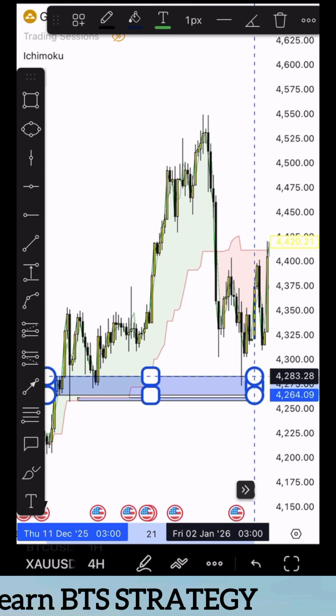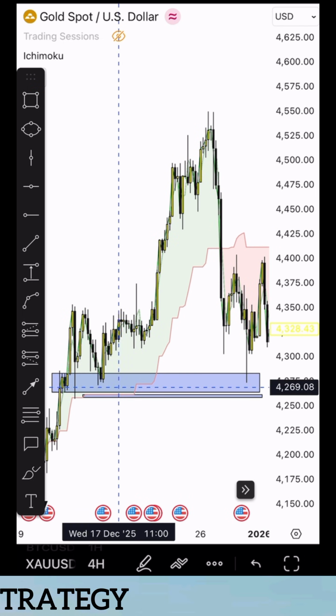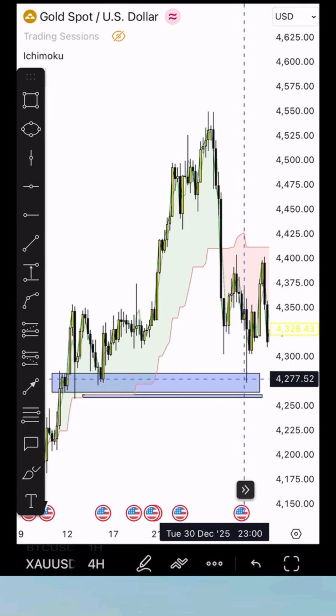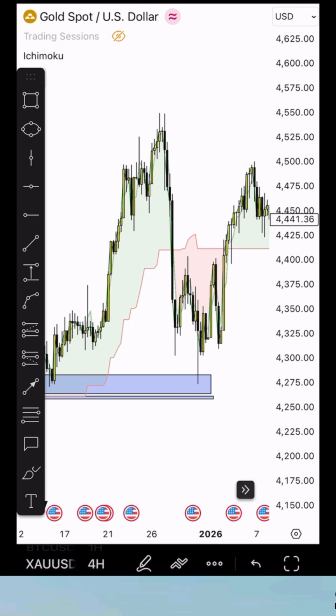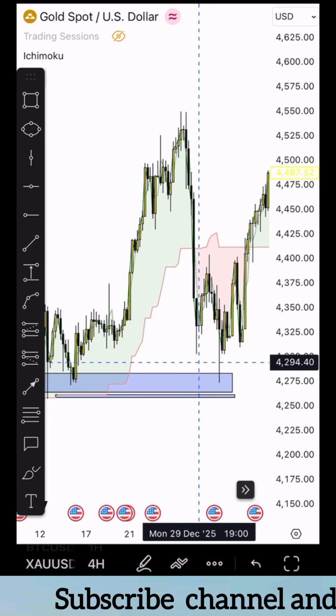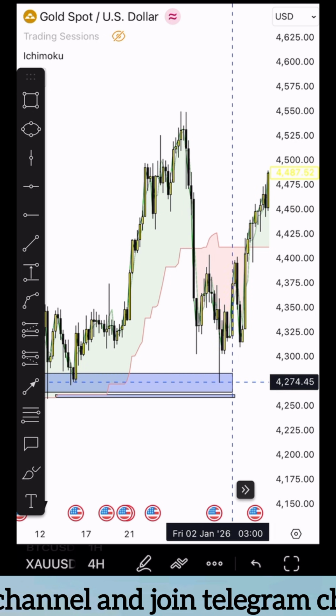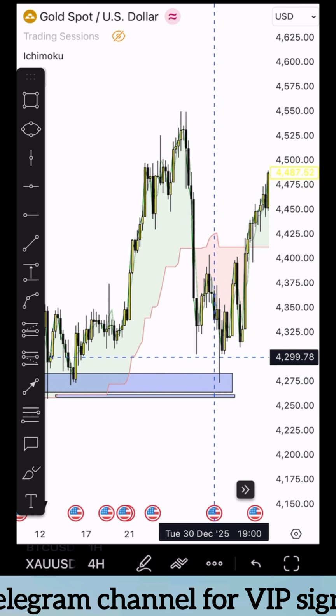So this is your zone. When price comes down to this zone, this is when you look for a buy. Obviously wait for buy confirmation, and then look, price just goes up.